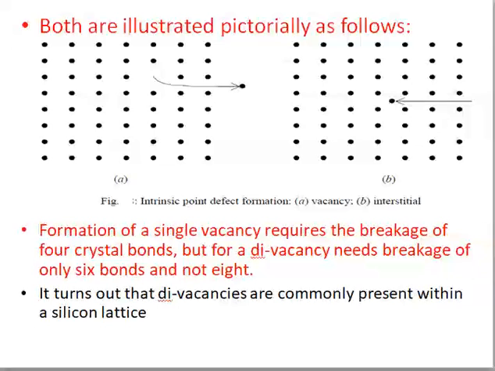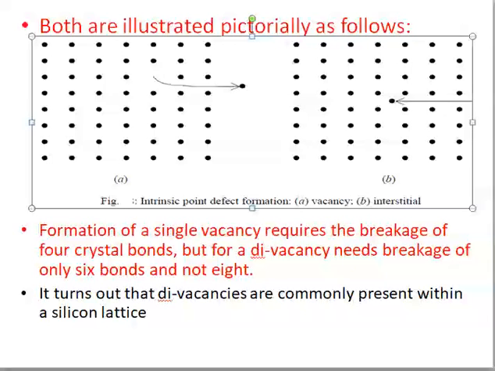And for us to really understand what we have been discussing, we have two diagrams here, A and B. If you look at A, the arrow is pointing that an atom or a molecule is taken from the interior of the silicon and transported to the surface.